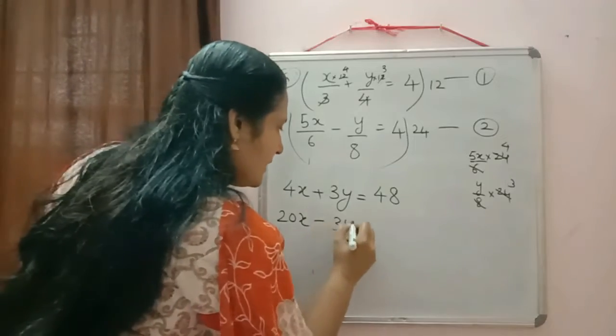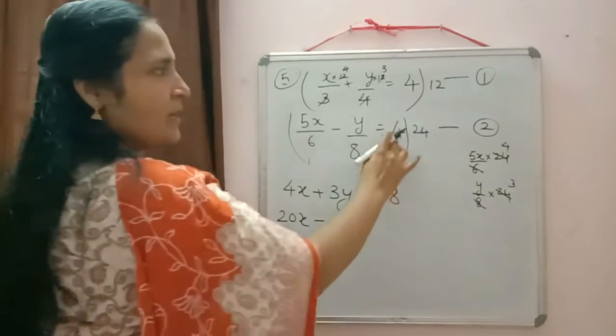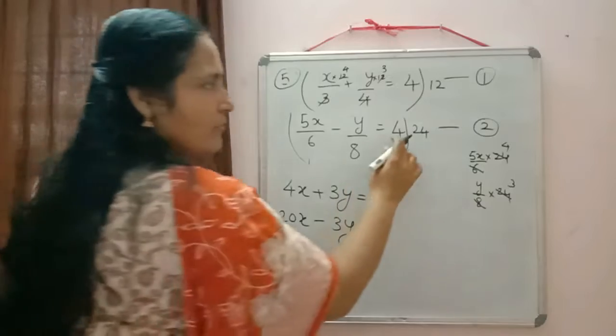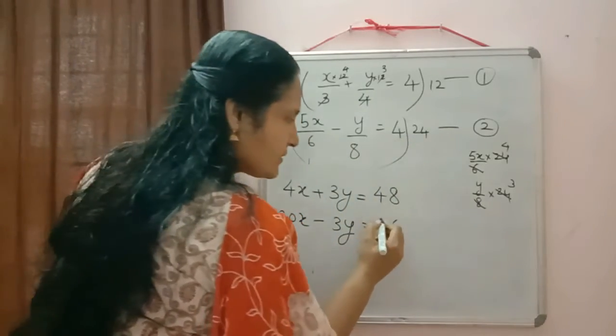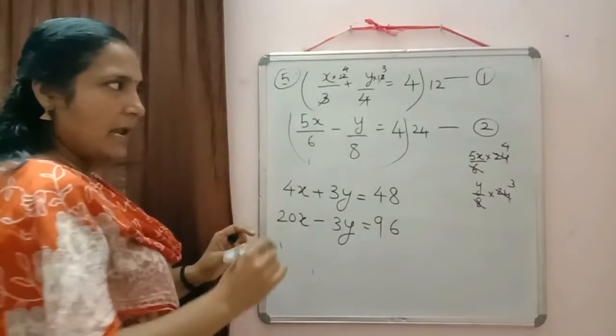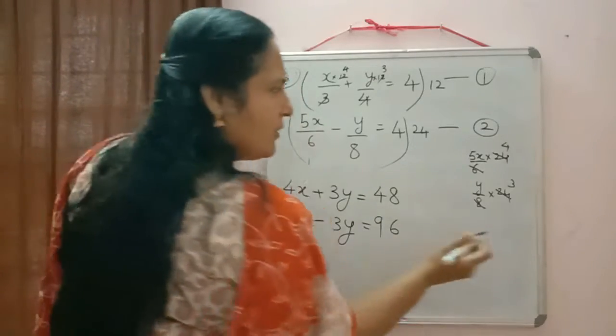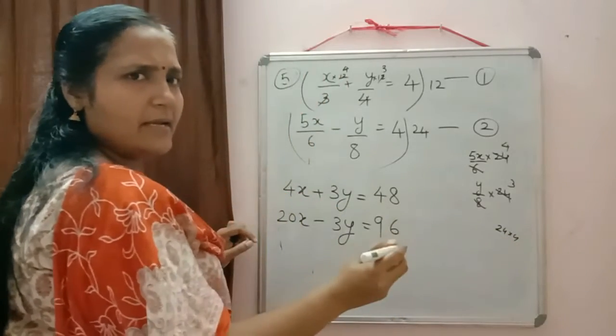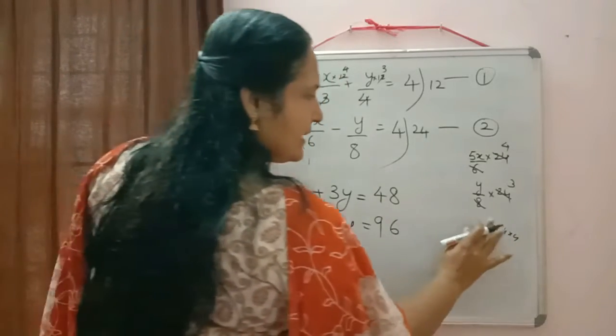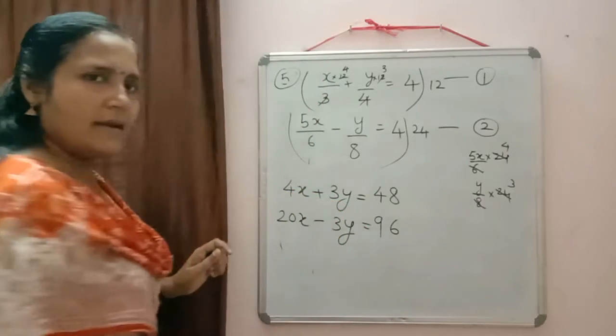So we are getting 3y is equal to 24 into 4. 4 4s are 16, carry over 1, 4 2s are 8 plus 1, 9. You normally do mental multiplication in rough work. 24 into 4, you do it mentally only. So instead of writing it as rough work, you can directly write it here.